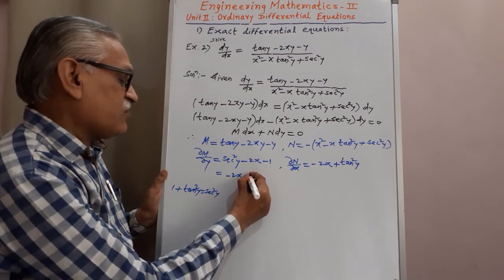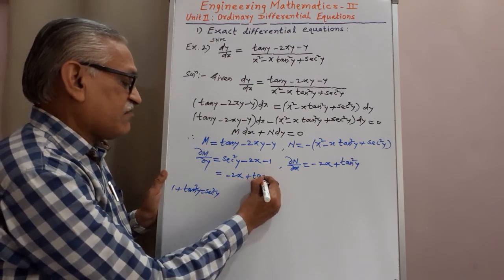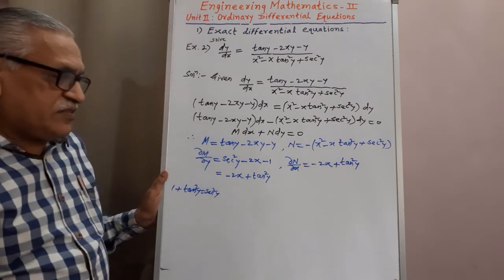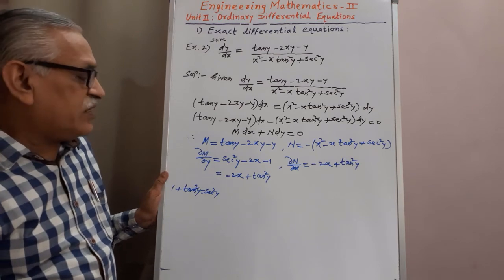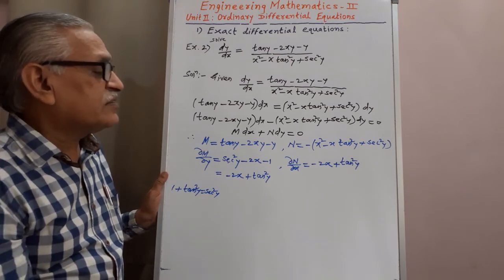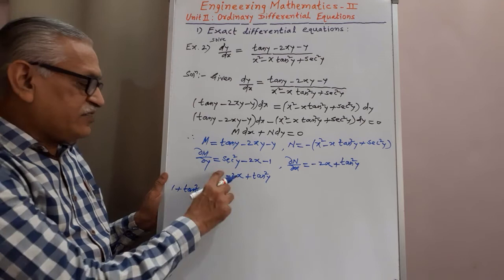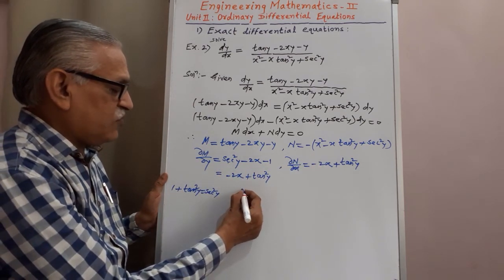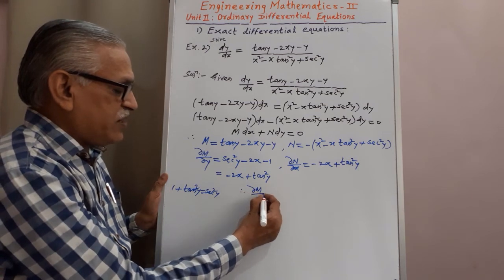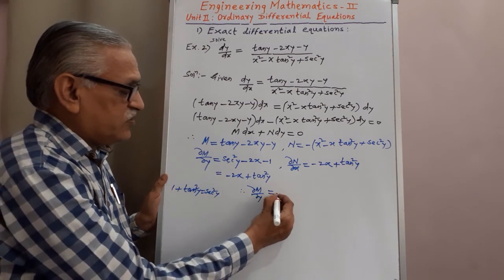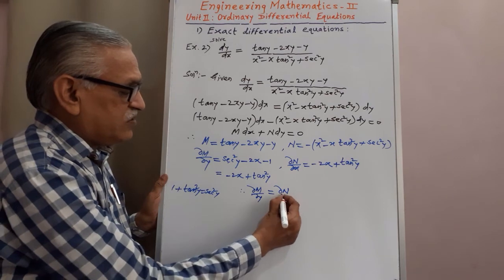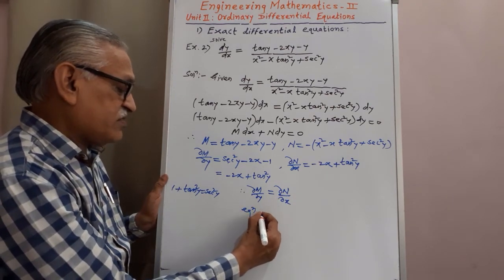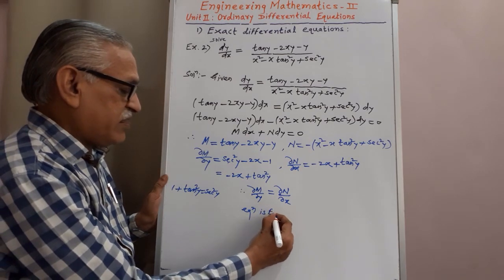Therefore it is minus 2x minus 1 plus secant square y, which gives minus 2x plus tan square y, and the value of dou N by dou x is the same, minus 2x plus tan square y. As these two values are equal, dou M by dou y equals dou N by dou x. The equation is exact.